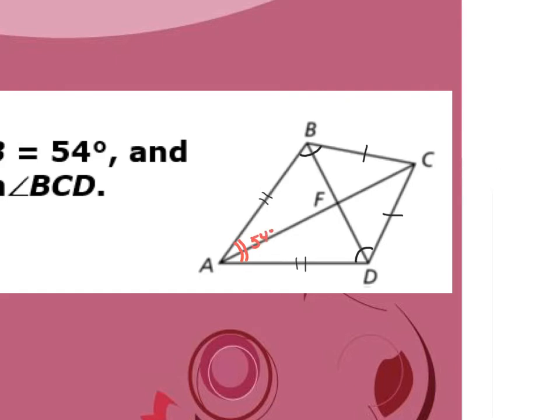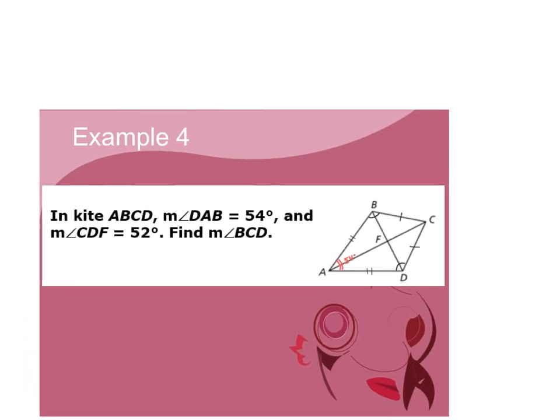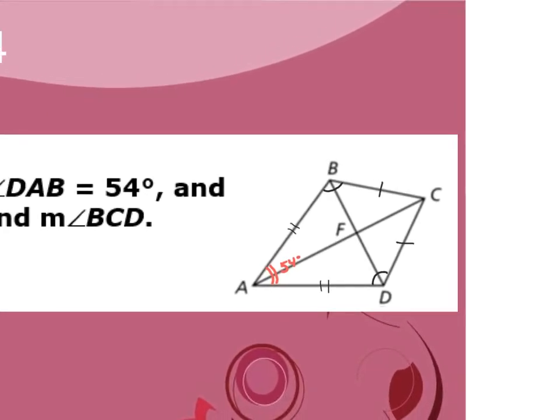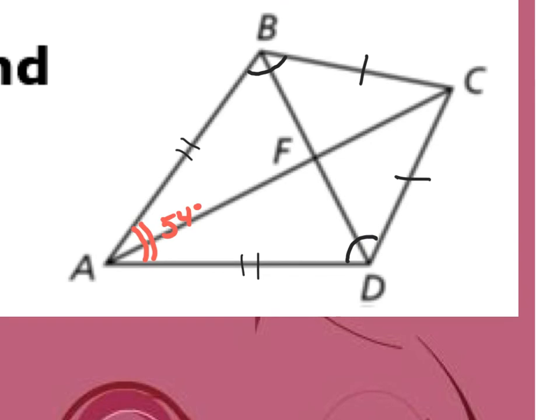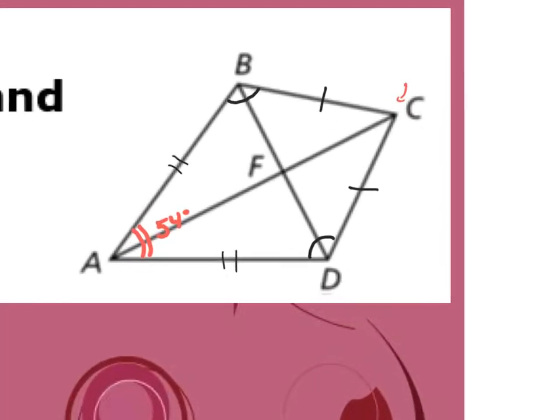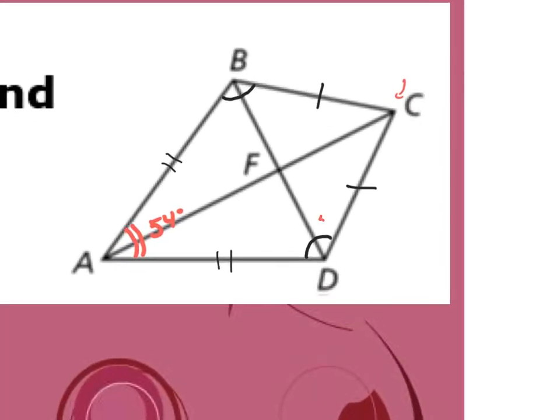And then it says that angle CDF, actually, you're right. We can't answer it right there. I can't do it with the sides. I thought if they had given me this angle, I could confirm that they were the ones. But that's what we know so far. And CDF is 52 degrees there.